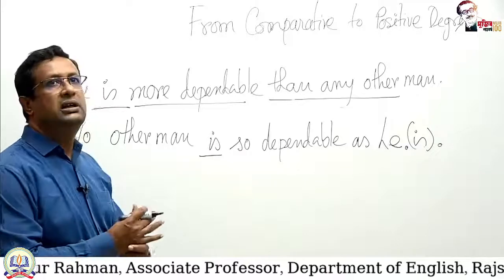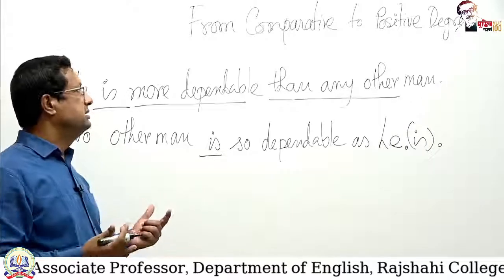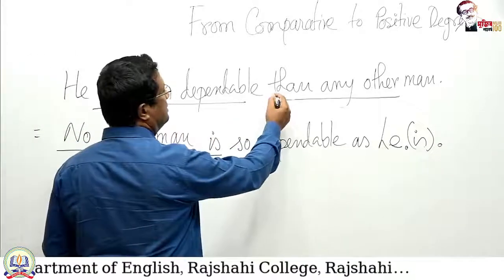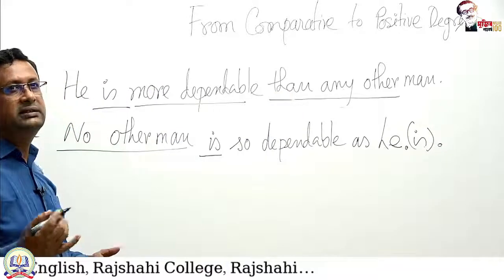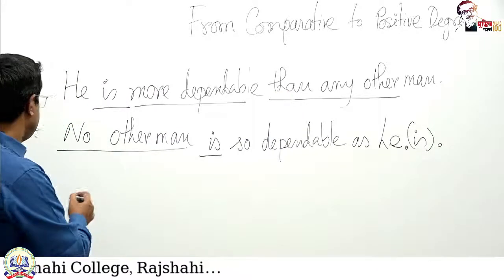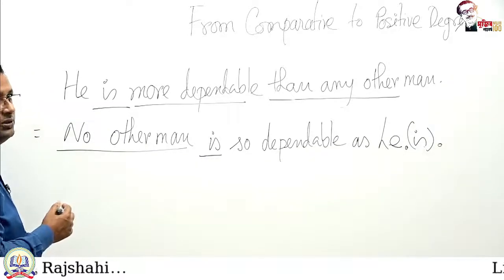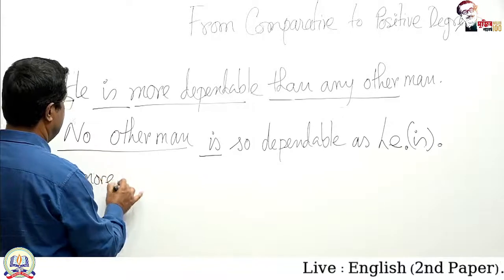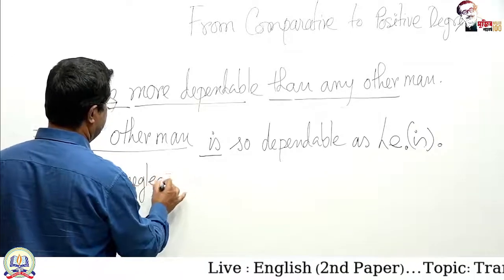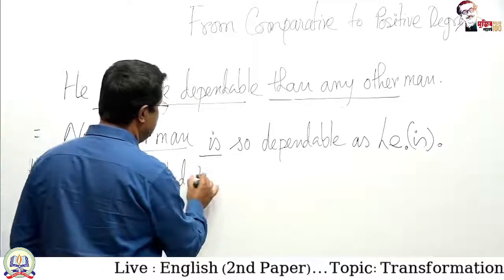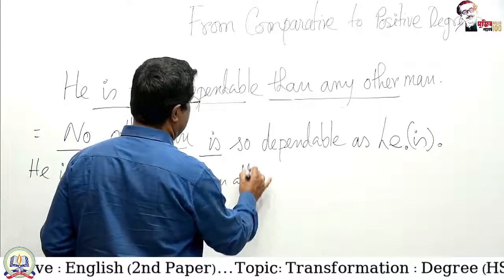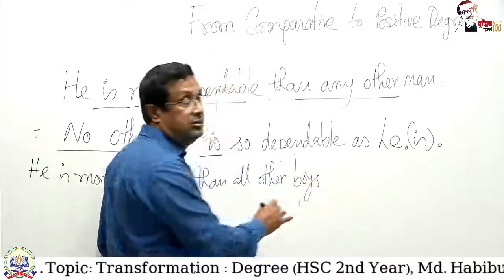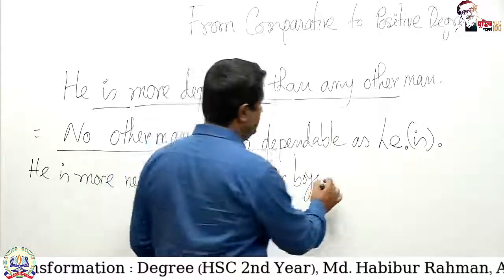So we have seen here the use of no other, and it was than any other. And if a sentence is with than all other, suppose the sentence is, he is more neglected than all other boys of the group.